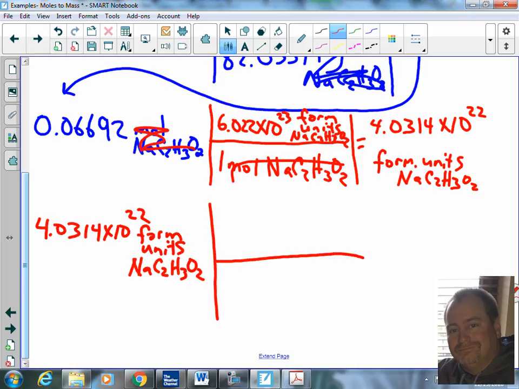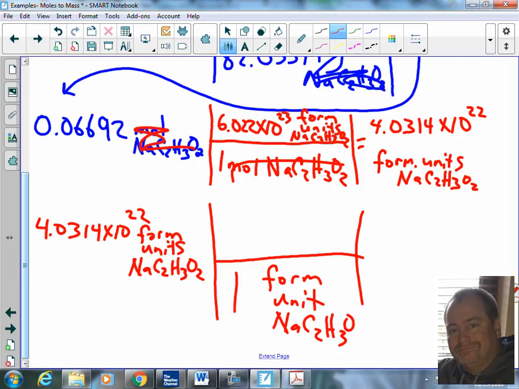And I know that one formula unit of NaC2H3O2 has how many atoms of hydrogen? 3 atoms of hydrogen. Do I get a cancellation?